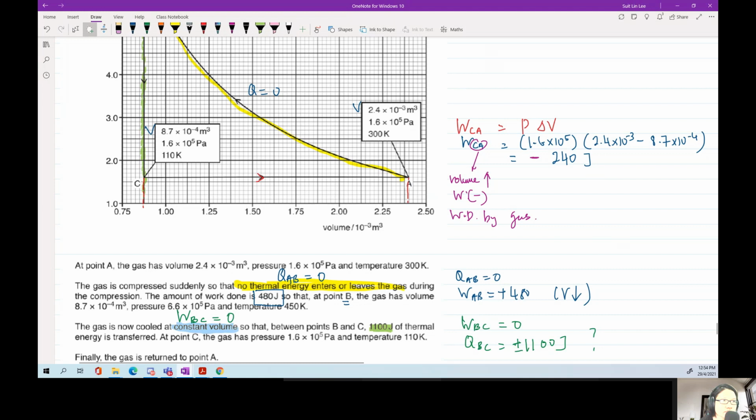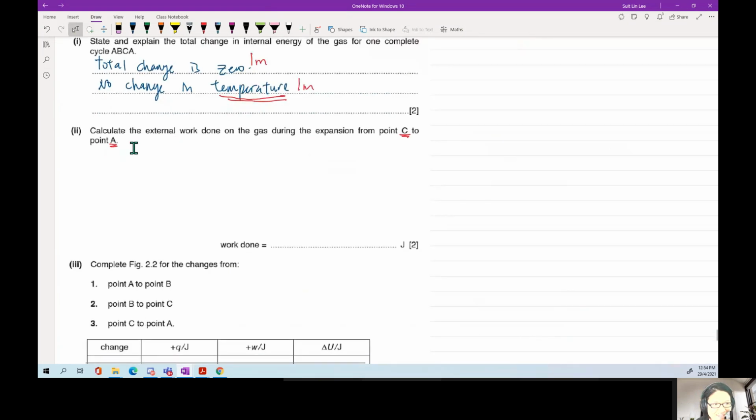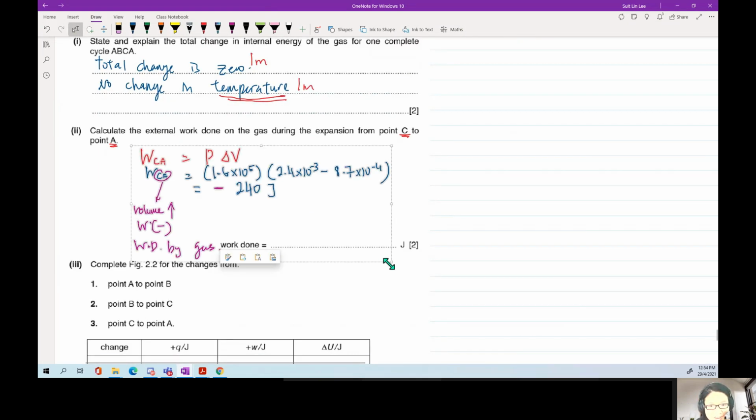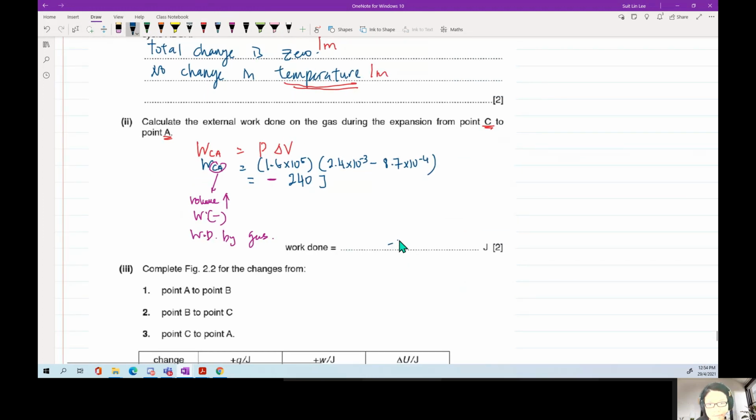So that will be the work done, 2 marks. So this is negative 240. Where are the marks? P delta V and substitution is C1 mark. Final answer is A1, including the negative.